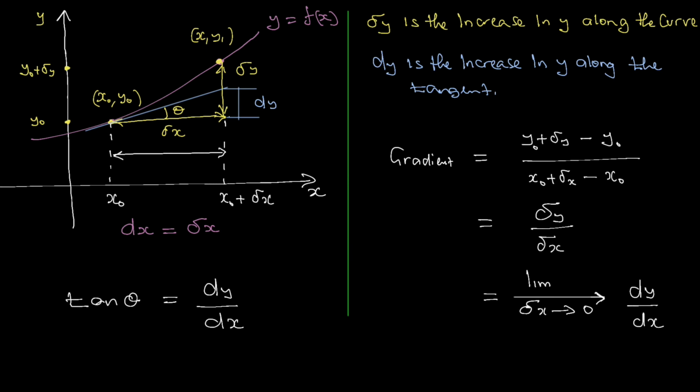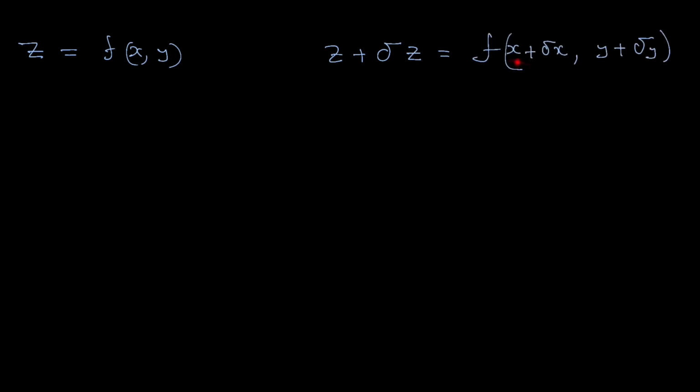Differential is just finding the gradient of a function z, which is a function of x and y, and z plus change in z can be written as a function of x plus change in x and y plus change in y, because I'm changing x and y.